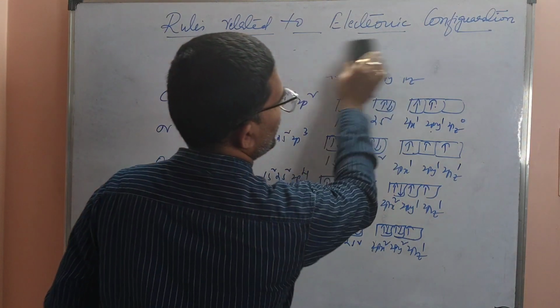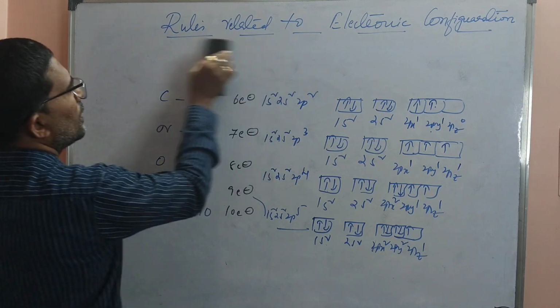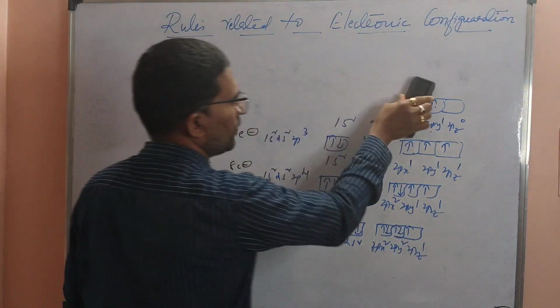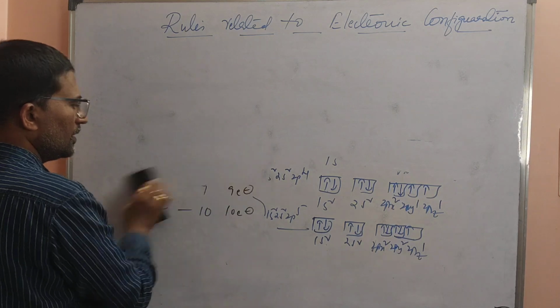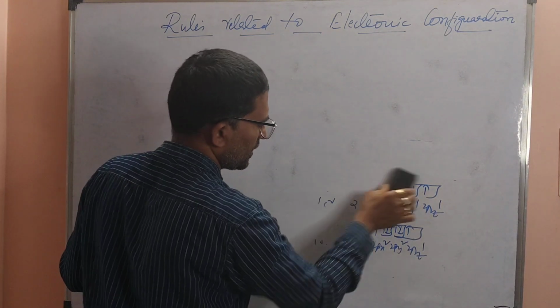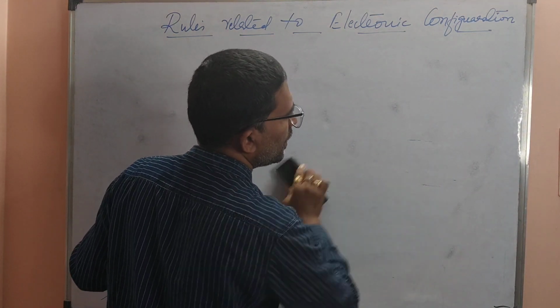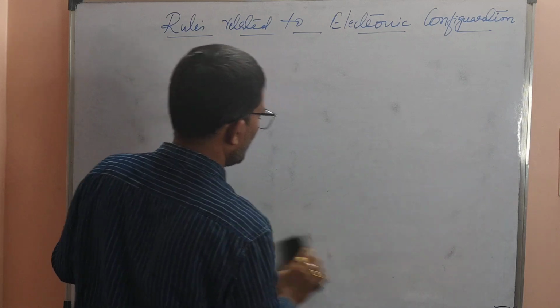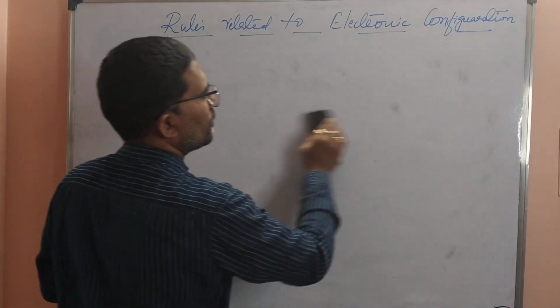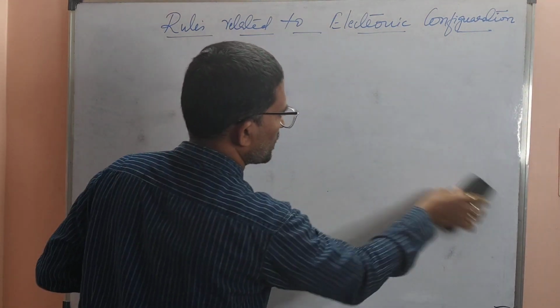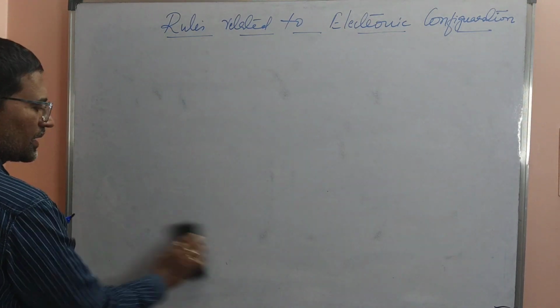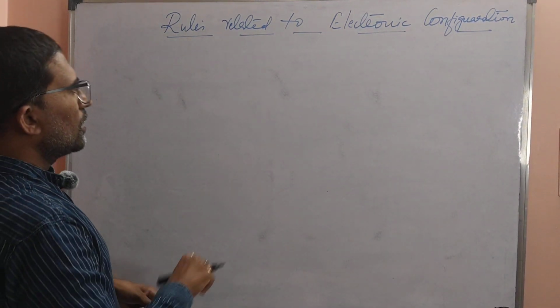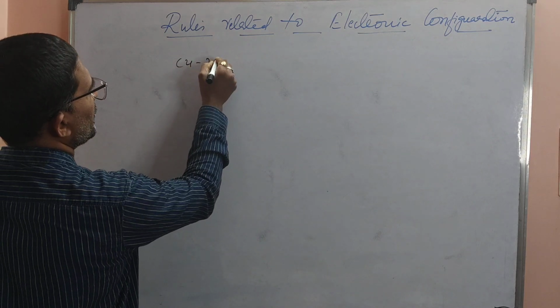Give one example for d orbitals containing degenerate orbitals: how are they filled? Now go to the next higher case. One example, go with copper. We'll go with copper for better understanding; otherwise you can go with zinc also. Copper's atomic number is 29.